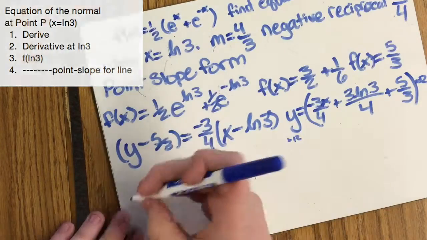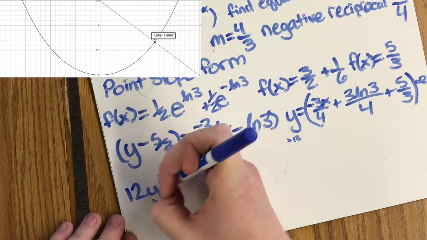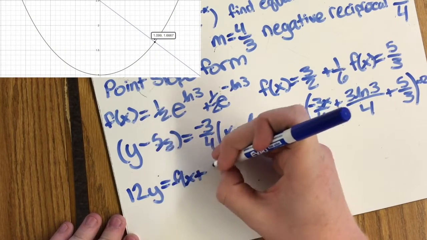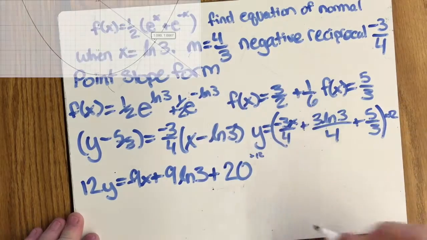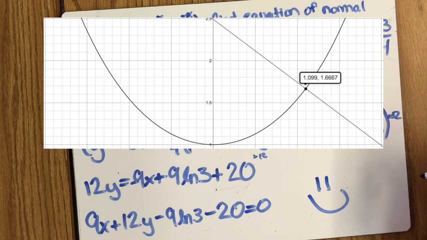After we simplify and combine like terms, we are left with the equation 9x plus 12y minus 9 ln of 3 minus 20 is equal to 0, which is exactly what we were asked to find in the beginning.